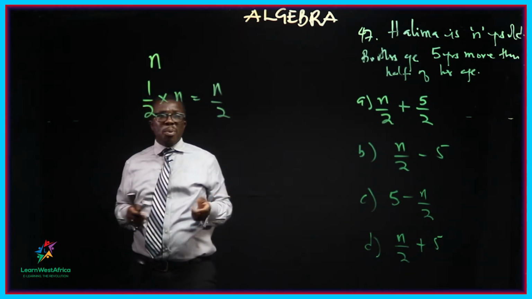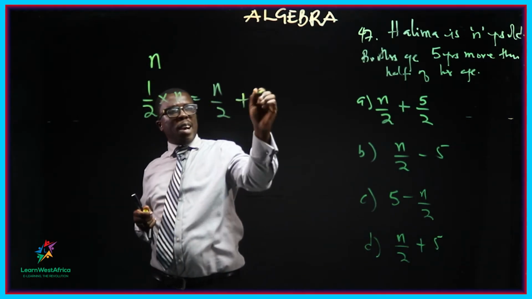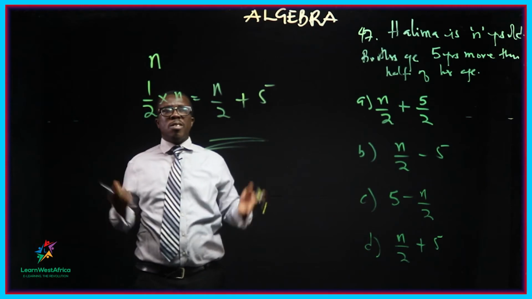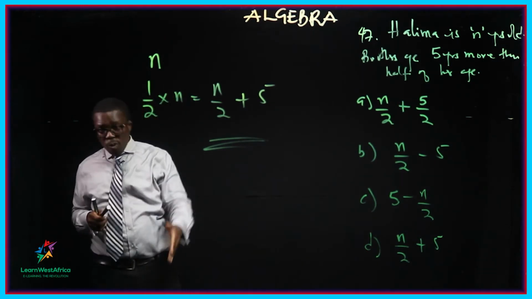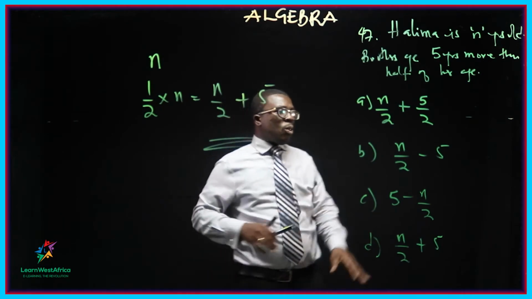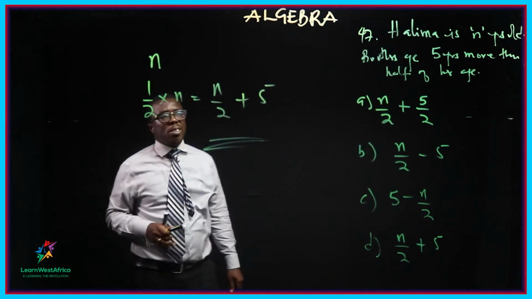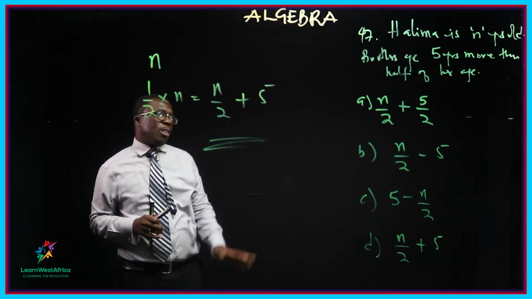So n over 2 is half of Halima's age, and now the 5 years come in, giving the brother's age. So you should be able to get D as your possible answer for question 47.